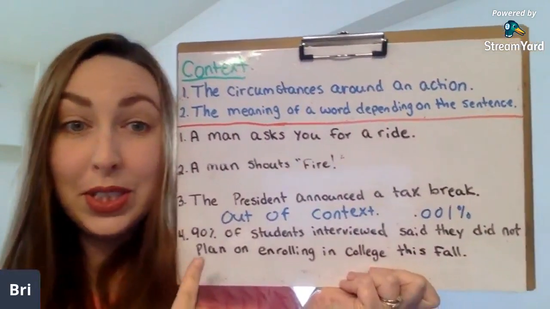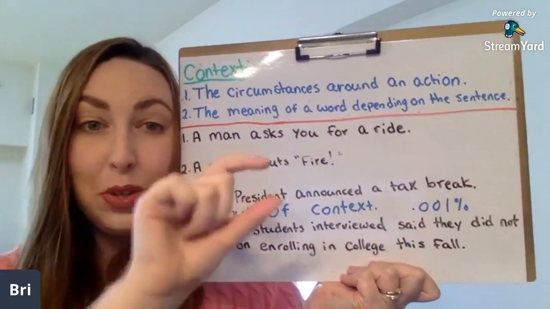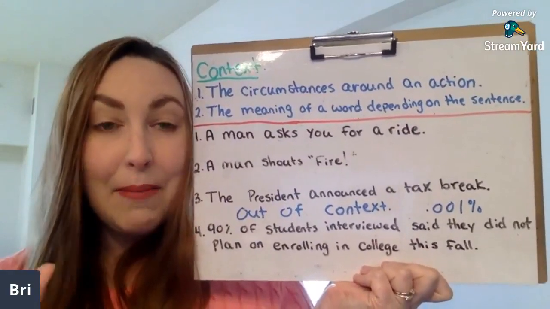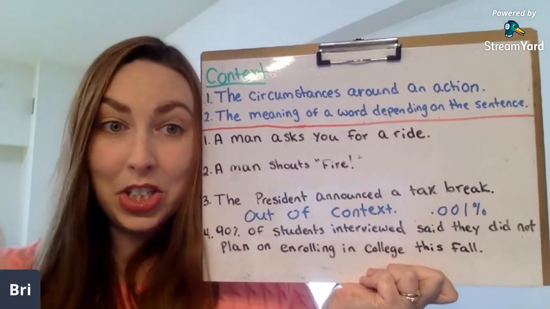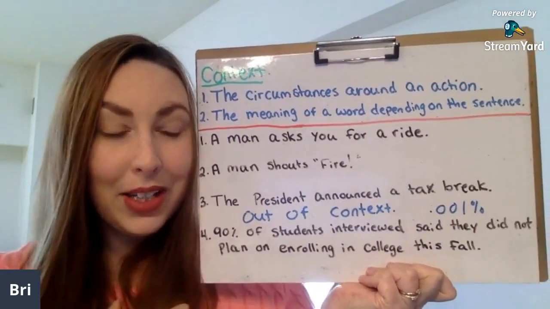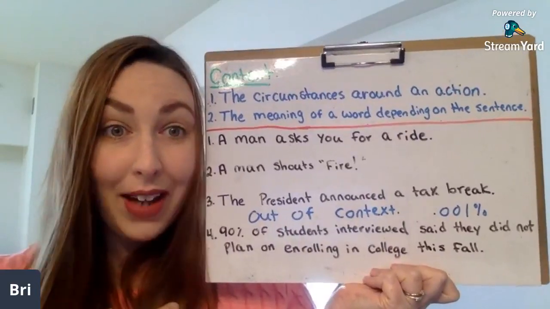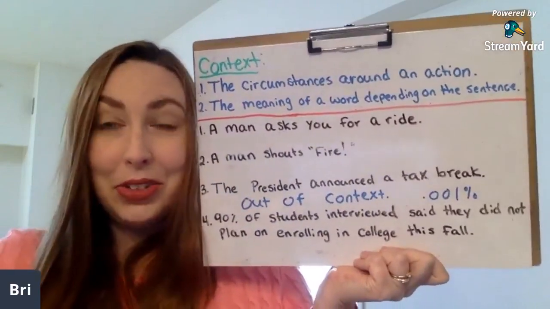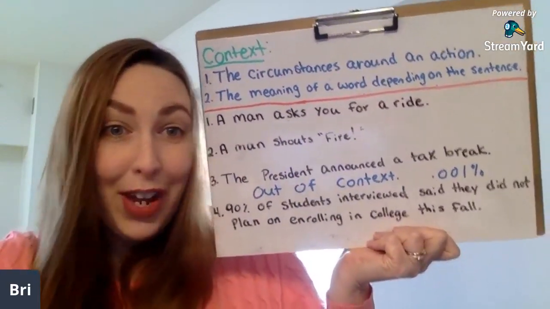Okay, so if you saw this as a news headline, right? A news headline, that might be very, very shocking information, right? Oh my gosh, 90% of students are not going to go to college. What is going to happen to our country? The education system is failing us.